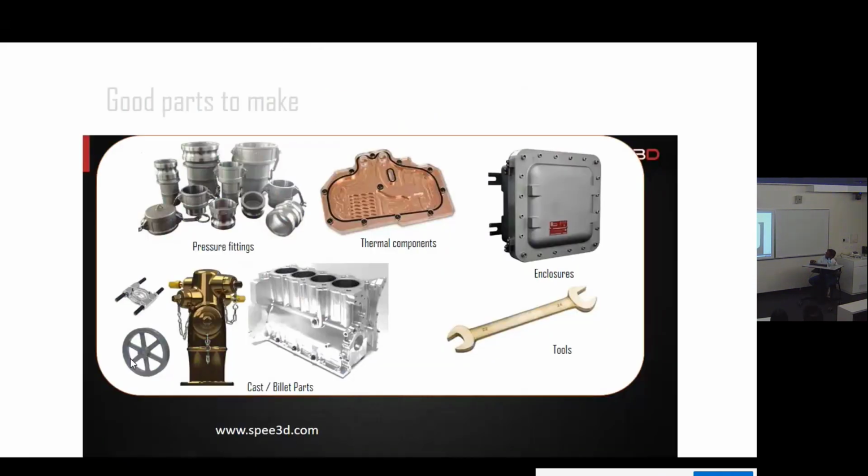So some of the things that can be done, you can see here, most of the parts that can be done by cold spray. I'll talk a bit more about cold spray because I'm more familiar with it than other processes, is that it can replace most cast components. So if it can be done by casting, it can be done by cold spray.